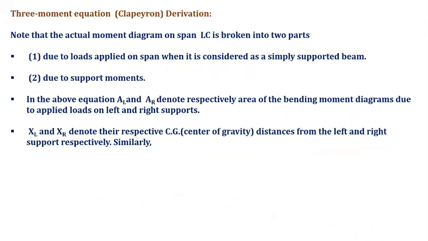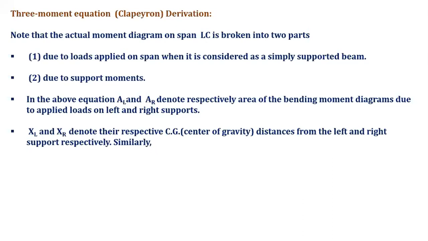Here you will write the above equation. AL and AR: area of the bending moment diagrams due to the applied loads on left and right span. Each word explanation is very important.